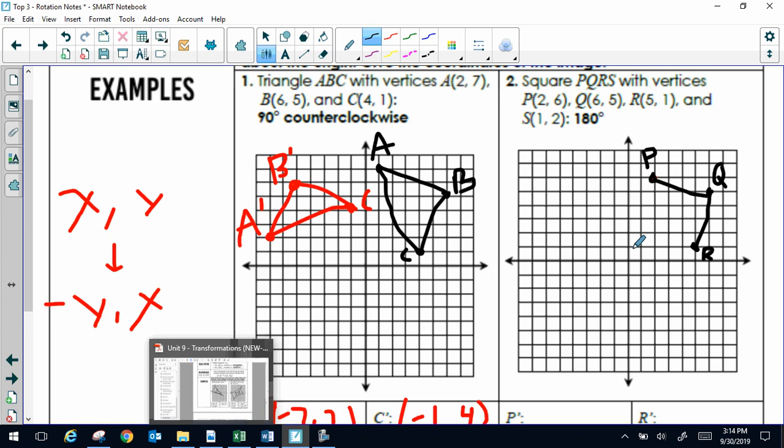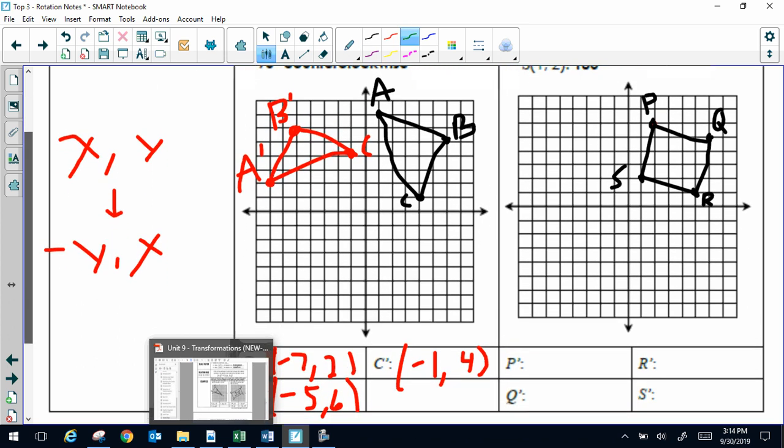And S at 1, 2. Okay, and this time they want me to rotate 180 degrees. And when you do that, all they want you to do is change the signs of your X and Y. So my current X and Y is 2, 6, so it would be at -2, -6. Which will be right here.